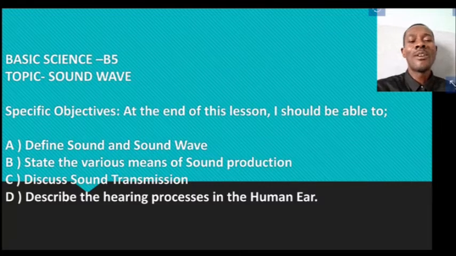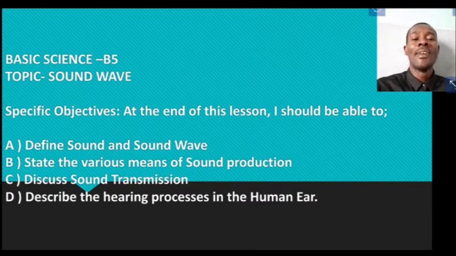The first one, we're going to define sound so that you can understand what sound is all about, and sound wave. Then the second one, state the various means of sound production. What are those means by which sound can be produced? Because there is the production of sound, and something brings about sound into effect. And we're going to be looking into that.